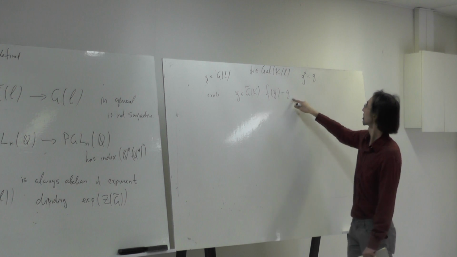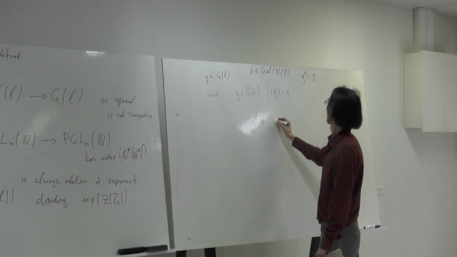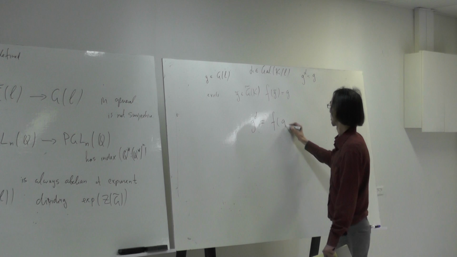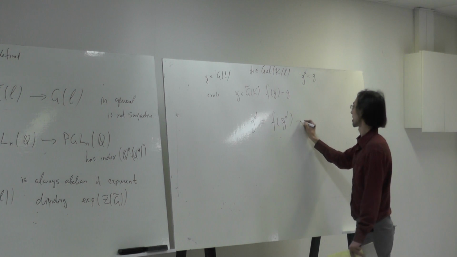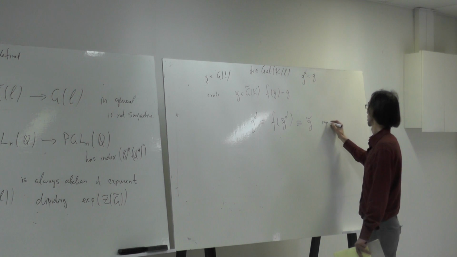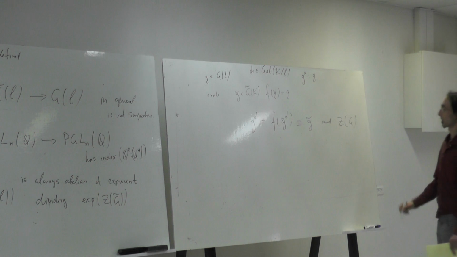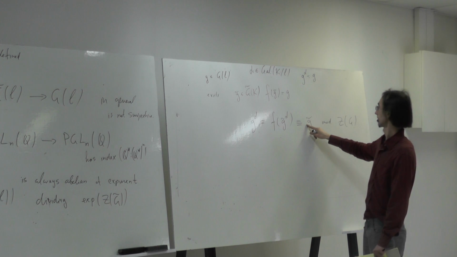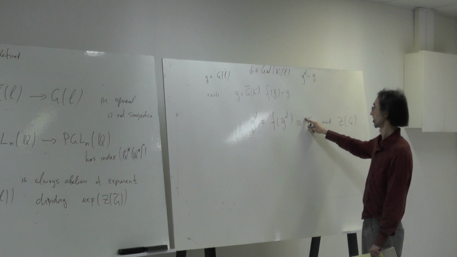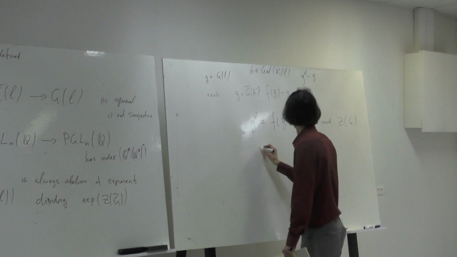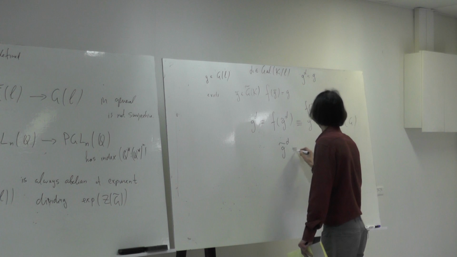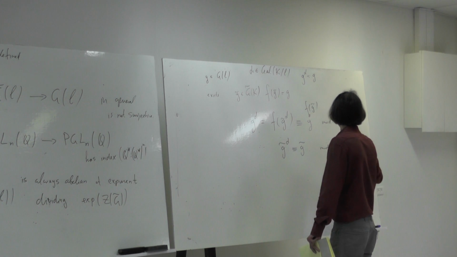But alpha is compatible with f because f is assumed to be defined over L. So this is f of g tilde to the alpha, and this means that g tilde to the alpha is congruent to g tilde modulo the center of G tilde, because the kernel of f is inside the center.